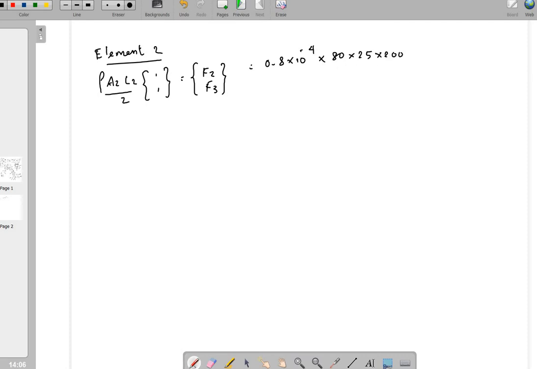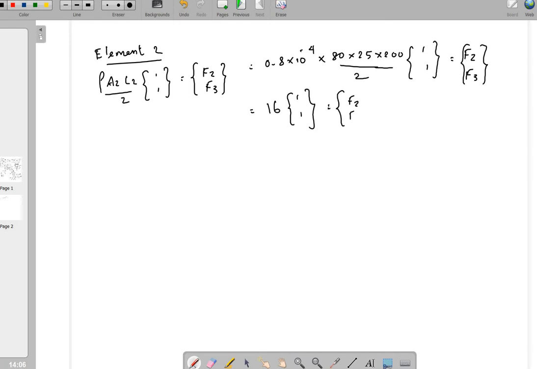Length is 200 by 2, times the matrix 1, 1. If you find the value of these constants, it will give 16. 16 times the matrix 1, 1, which is F2 and F3. So we can write 16 and 16, a matrix of 2 cross 1.